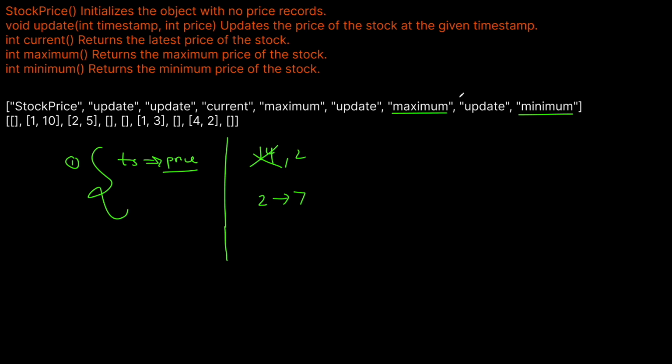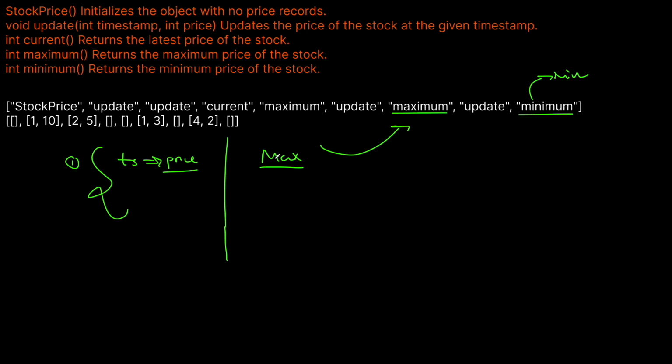So we need some way to basically get the next largest value, and then similarly for the minimum, the next smallest value. So the data structure that we actually want to use here is a max heap for the maximum and a min heap for the minimum. When we do an update to a price, if the price that we're updating for that timestamp was actually the previous maximum or the minimum, then we need to start popping elements from our max heap and our min heap such that the new top of the heap is actually our new price.